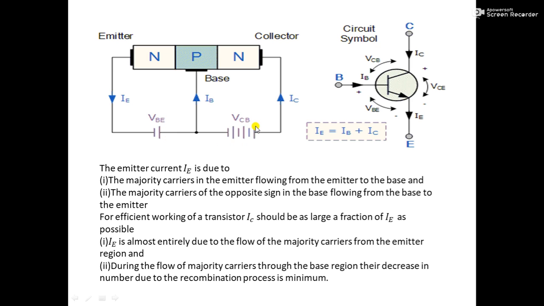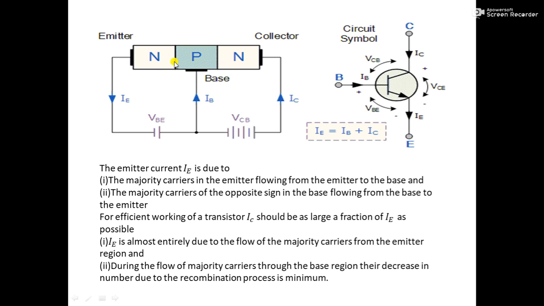Consequently, the internal potential barrier at the emitter base junction is neutralized. The width of the depletion region at the collector base junction increases and the majority carriers, holes in the base, are blocked due to the increase in potential barrier.